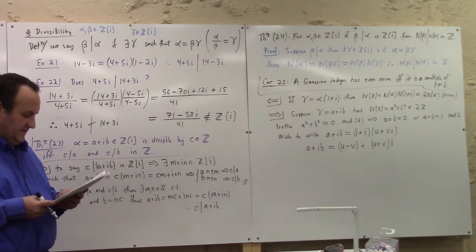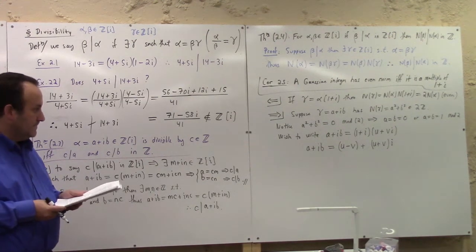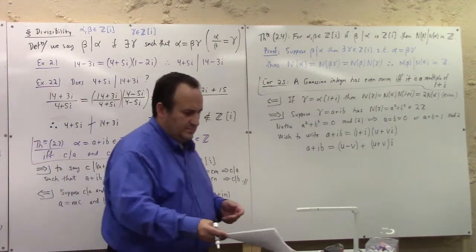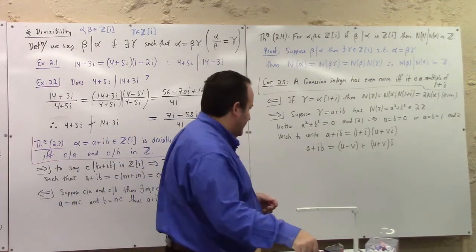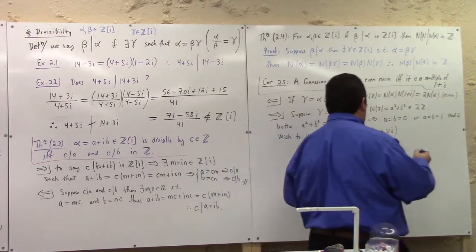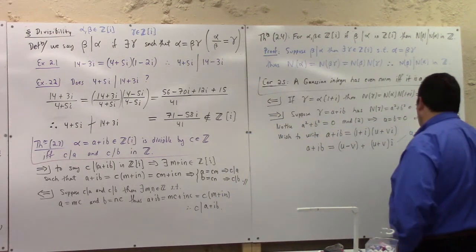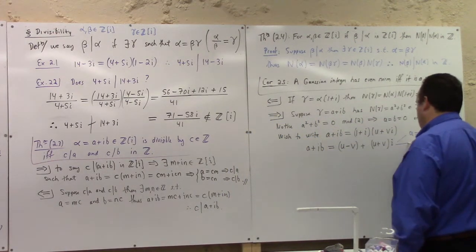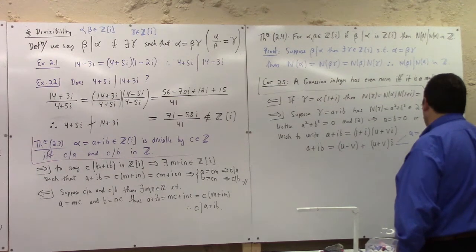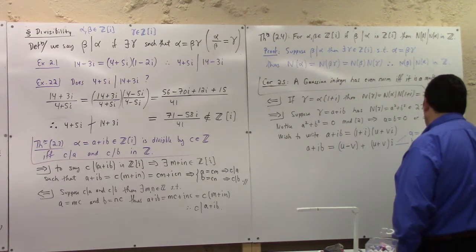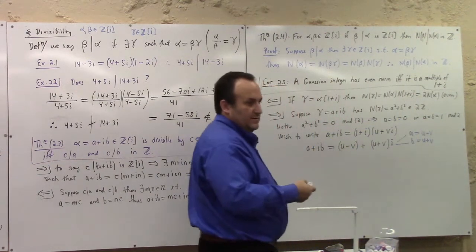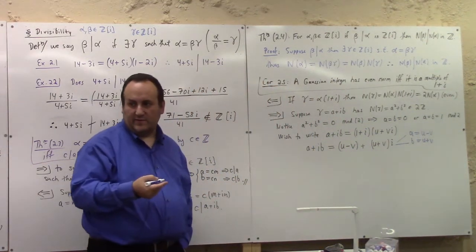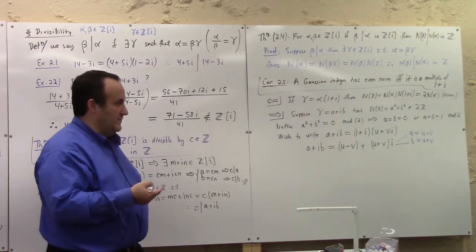So what's the solution? Oh, this is an algebra problem. This is just straight up linear. So we're solving a equal to u minus v, and b equal to u plus v. How do you solve that for u and v? Add the equations.